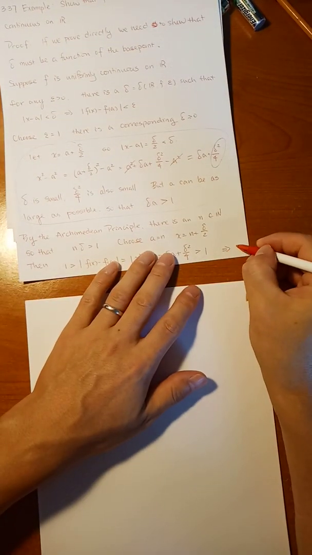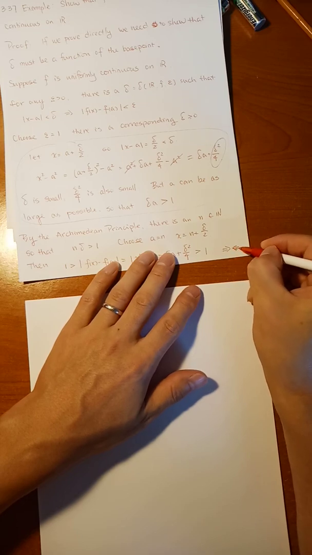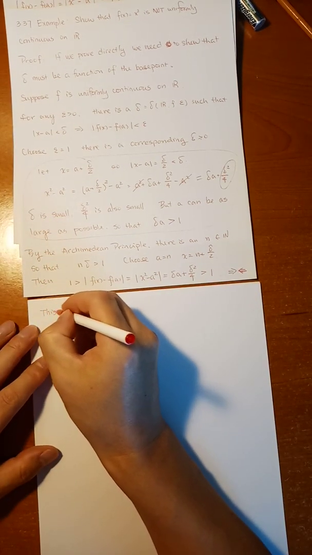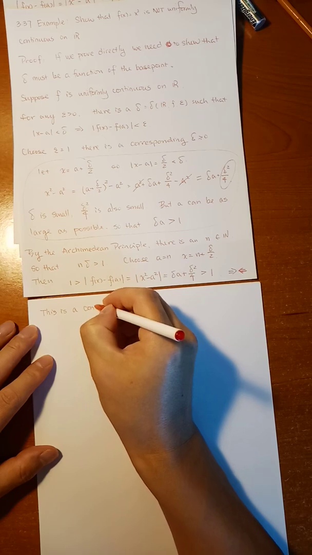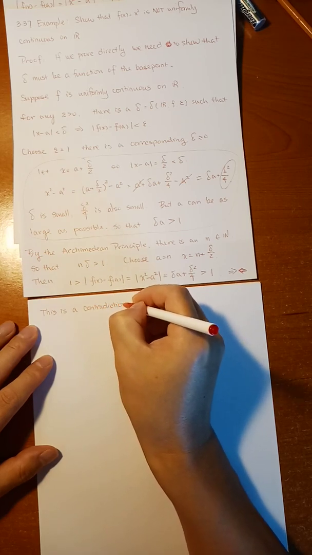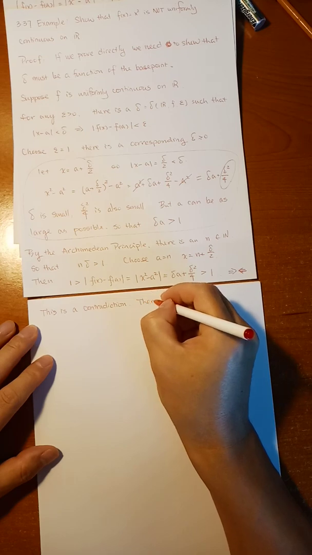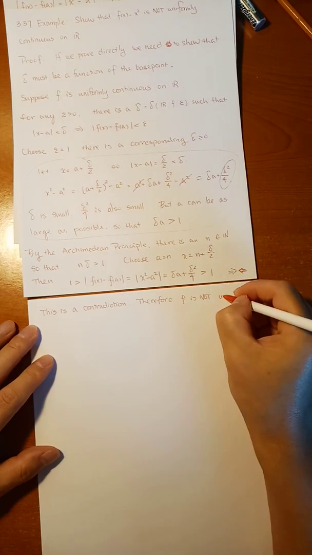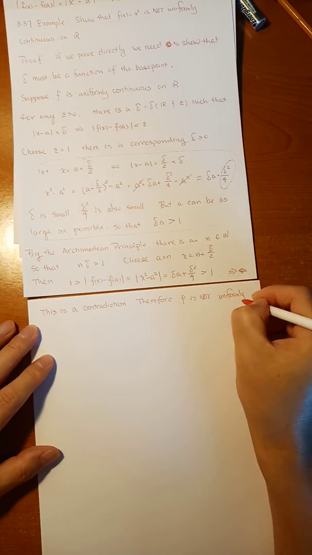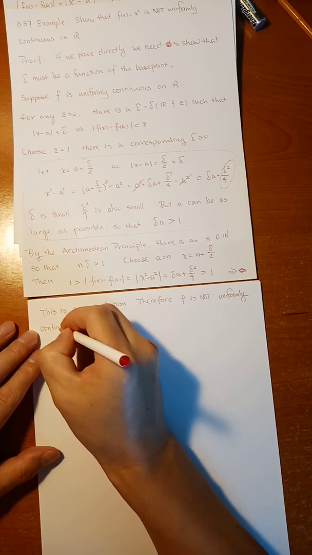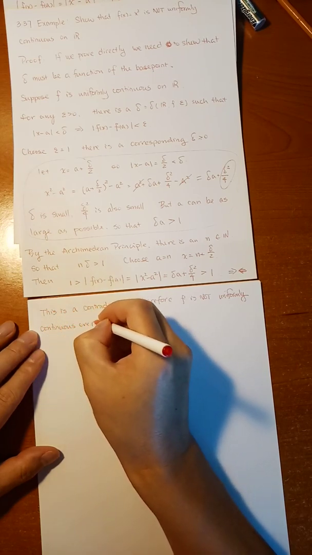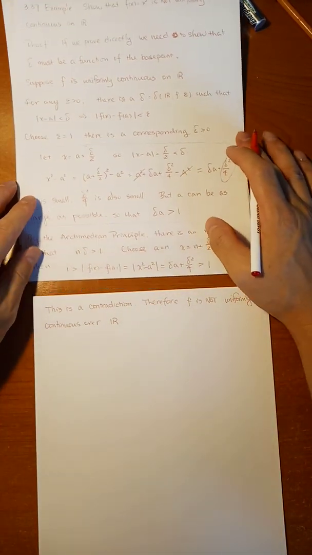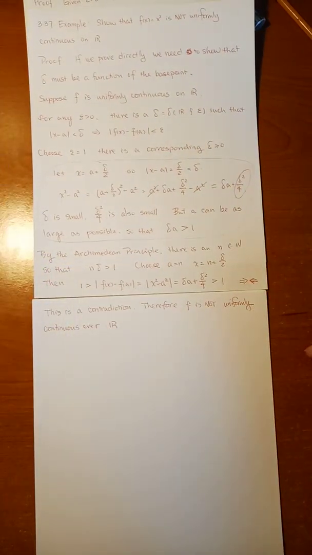Sometimes you see this type of symbol for contradiction. Therefore, f is not uniformly continuous over R. Over R is too large, so the function is not uniformly continuous.